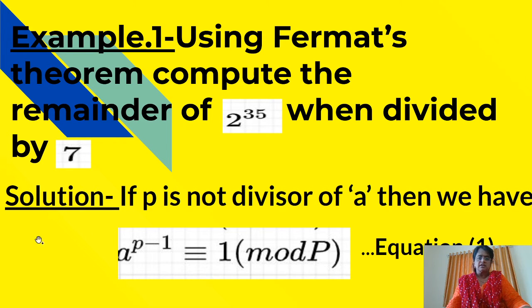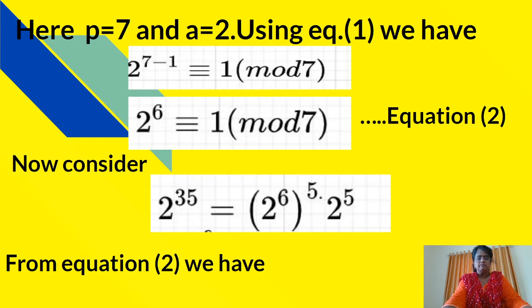Using Fermat's theorem, compute the remainder of 2 raised to 35 when divided by 7. We know that if p is not a divisor of a, then we have a raised to p minus 1 is congruent to 1 mod p. Suppose this is our equation number 1.